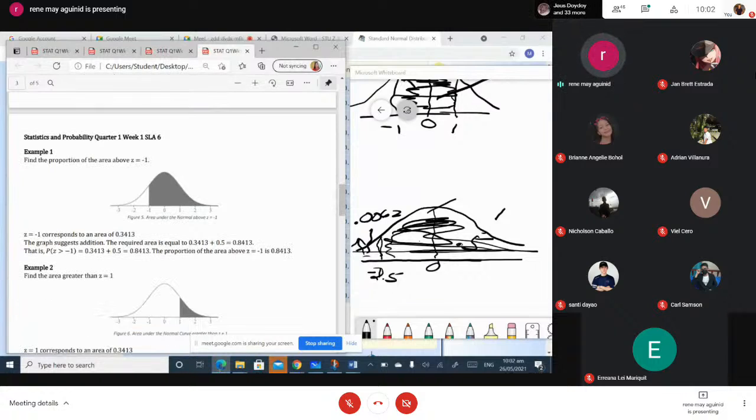The probability or the area, na pareho na siya, area, proportion, probability. The probability of your z greater than negative 1.5 is katunga plus the area from 0 to negative 1.